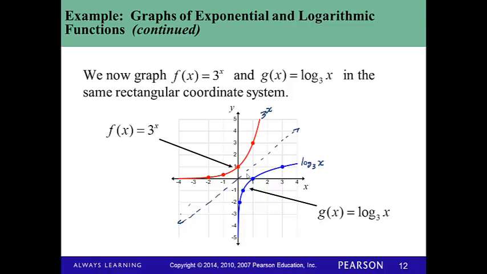So it's basically a mirror image. So if you have to graph a log and it's any base other than 10, where you cannot use your calculator, you start by graphing the exponential form, reverse the x and y, and then plot them in the same plane together.